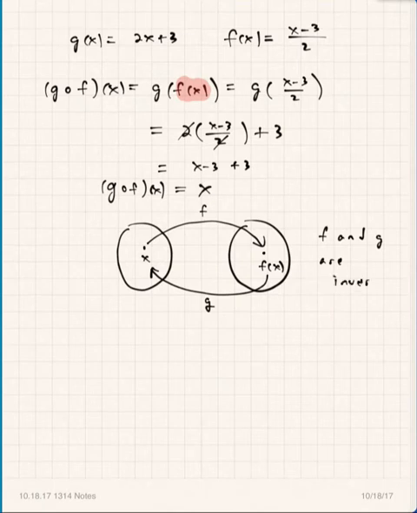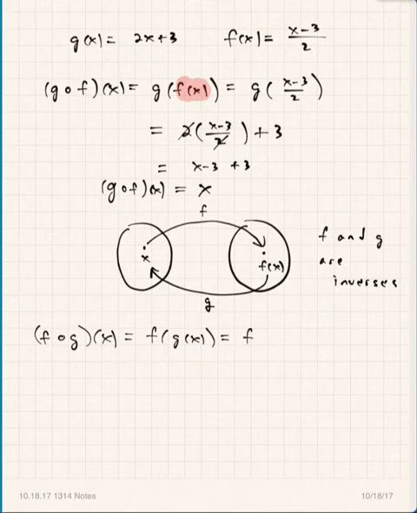This is what we're going to explore in lecture next Monday: what happens when you have 2 functions that, when you compose them, you get x. By the way, notice that if I compose them in the other direction, I get f composed with g of x, which is f of g of x, and so that would be f of 2x plus 3, right? The g function is the 2x plus 3 function.